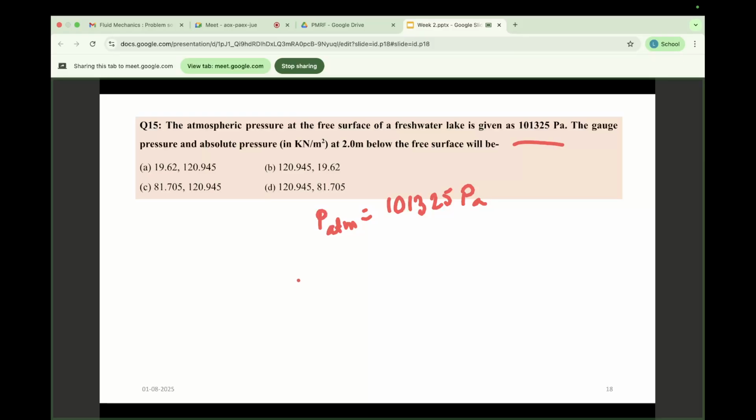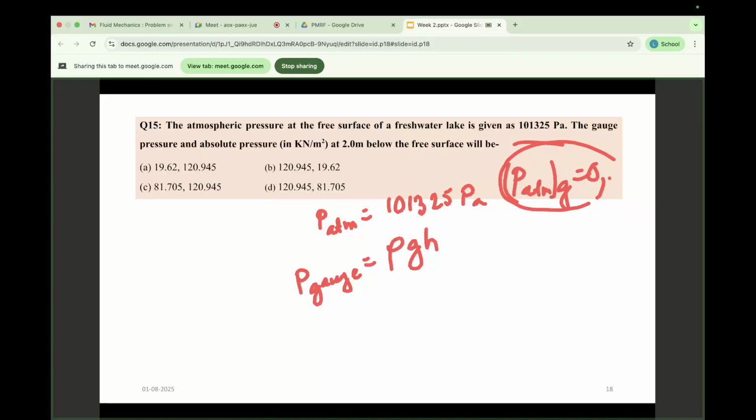So we know what is gauge pressure. P gauge means rho g h. The gauge pressure is zero for atmospheric pressure. If I find the corresponding gauge pressure for atmospheric pressure, then it is zero. Here I am talking about gauge pressure at 2 meter below.